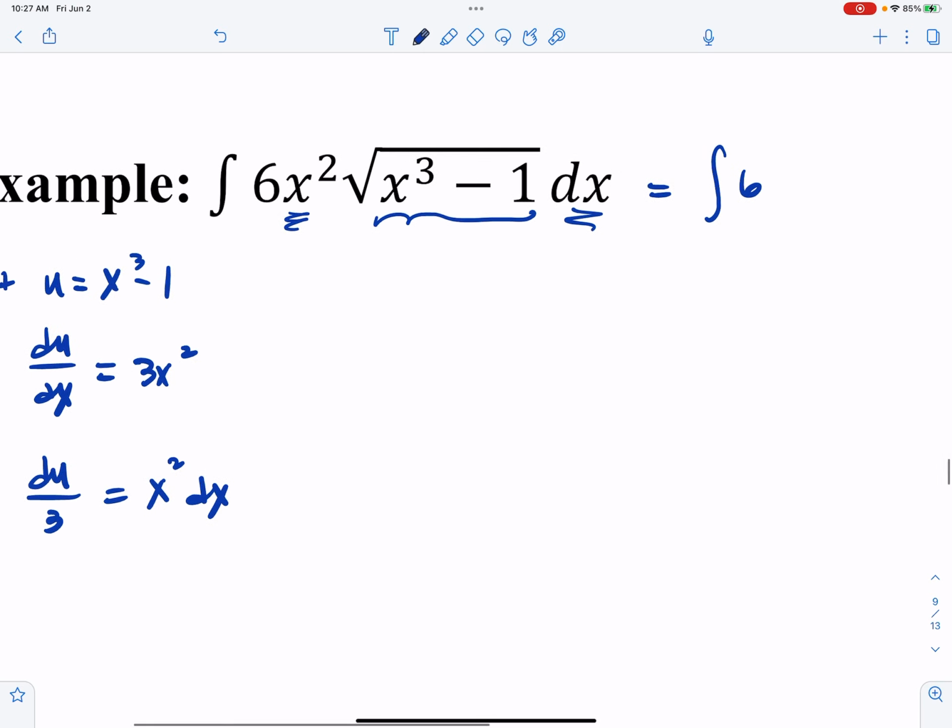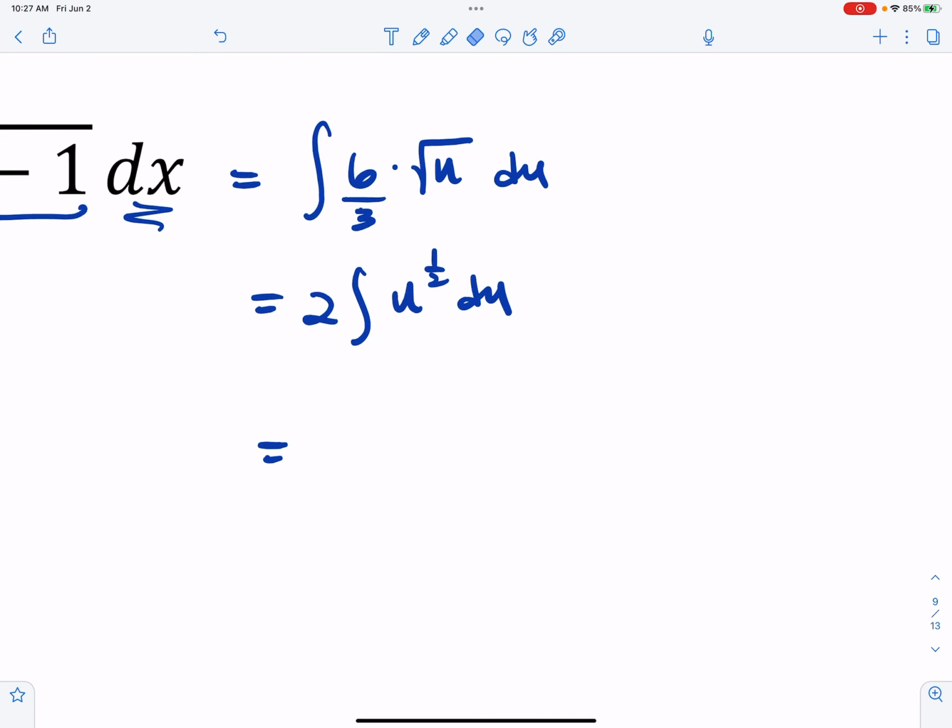And then we have 6 times the square root of u du over 3. So that 3 in the denominator there can divide the 6. So then that's 2 times the integral of u to the, I'm going to write as the 1/2 power du.